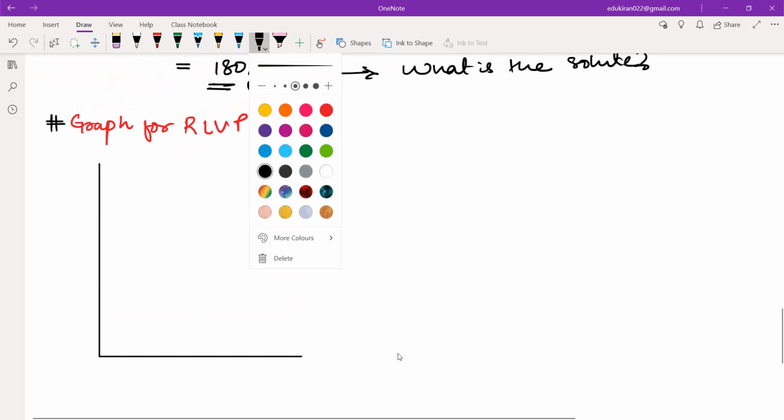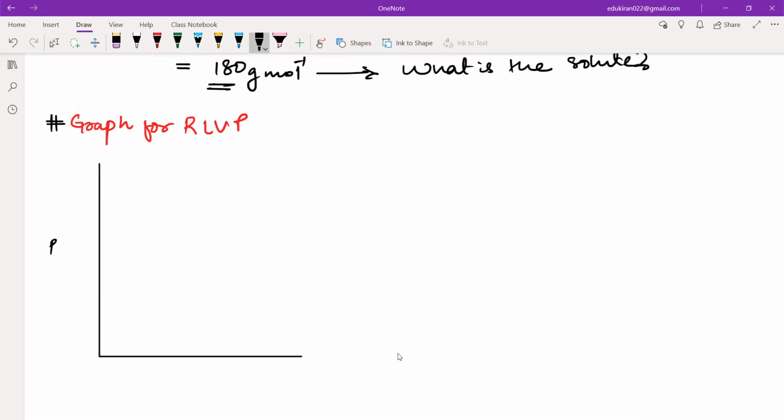Here we'll be having the pressure, and here we will plot the mole fraction of A, solvent का mole fraction. Now at this point, chi A will be equal to 0, and chi B will be equal to 1.